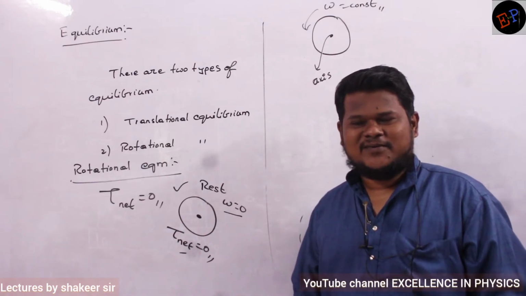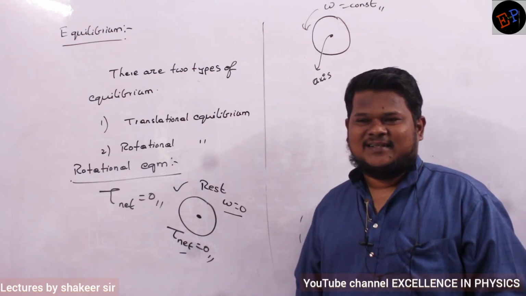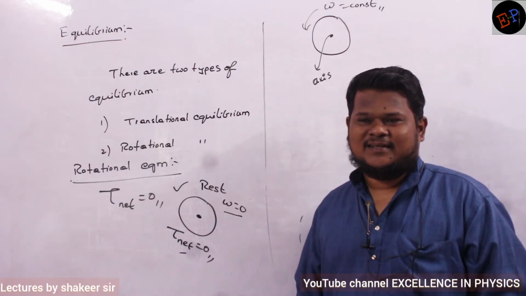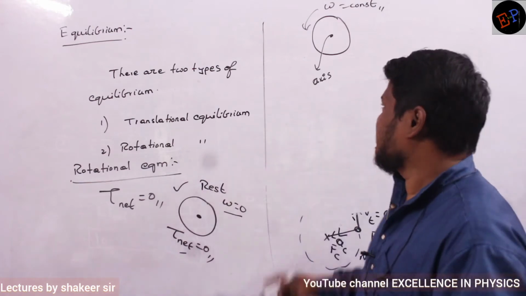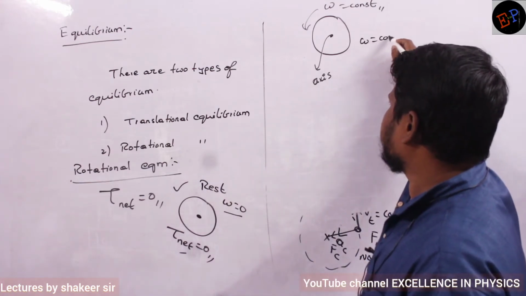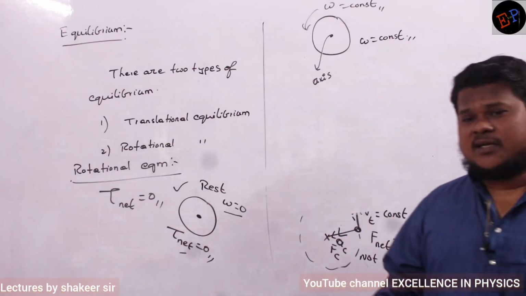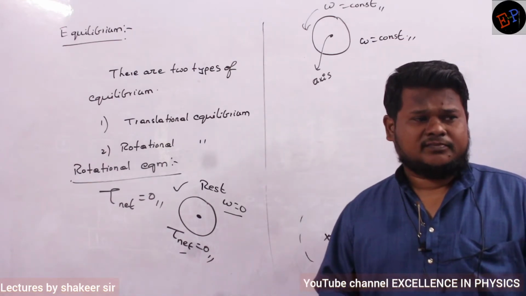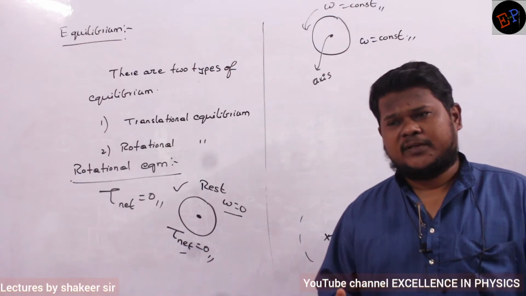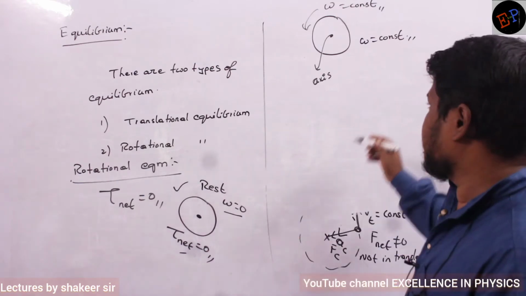Rotational equilibrium, how can you say? Very good, that's it. See, omega is a constant, no? Angular velocity is a constant. If velocity is a constant, acceleration will be zero, no? Which acceleration? Alpha.